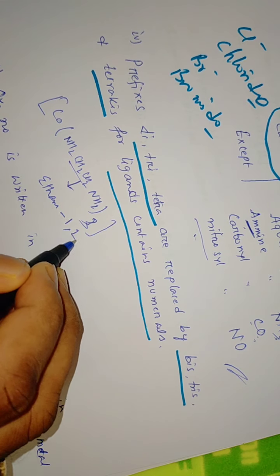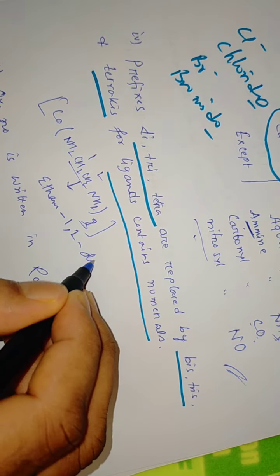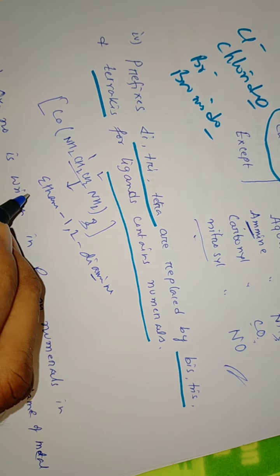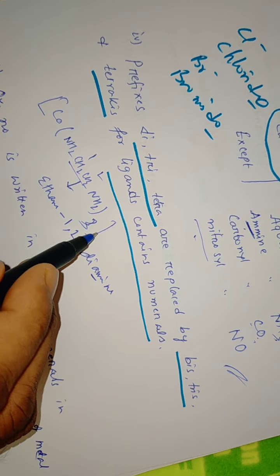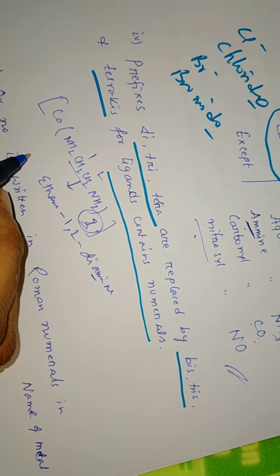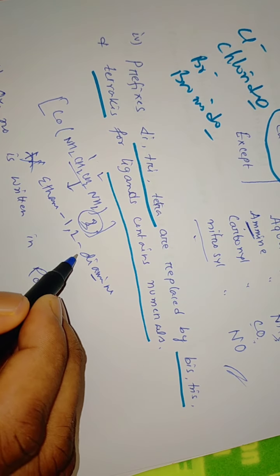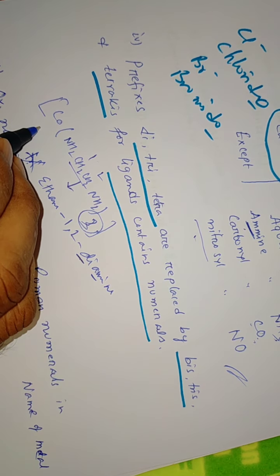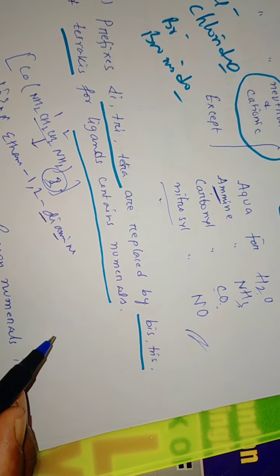Ethane-1,2-diamine, 1 M is there. Now ethane-1,2-diamine, how many of this one? 3. Now if you have written tri there, that will be wrong, because the di word is already there. So in that case you did not require tri, you have to write tris. So tris(ethane-1,2-diamine).